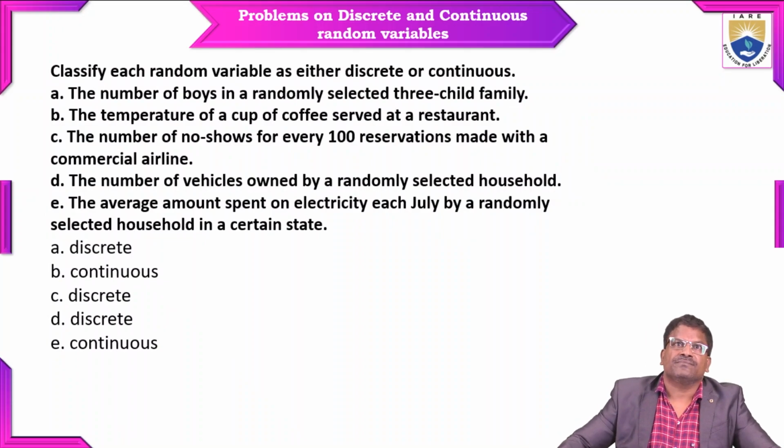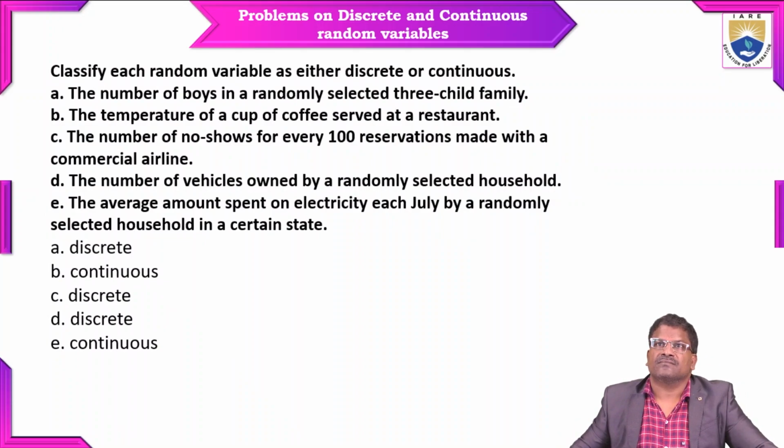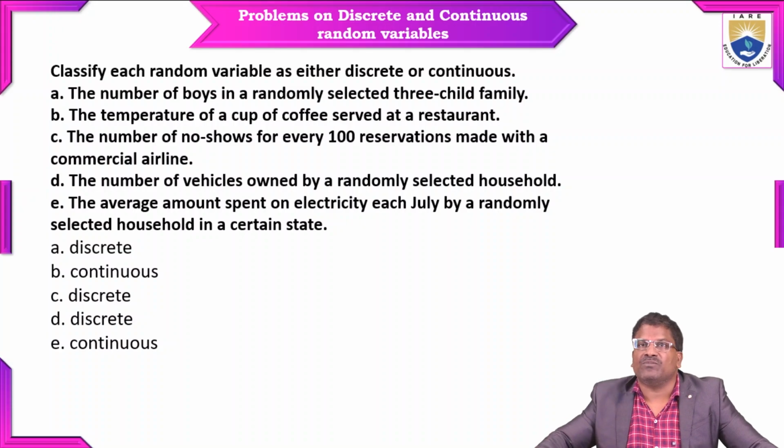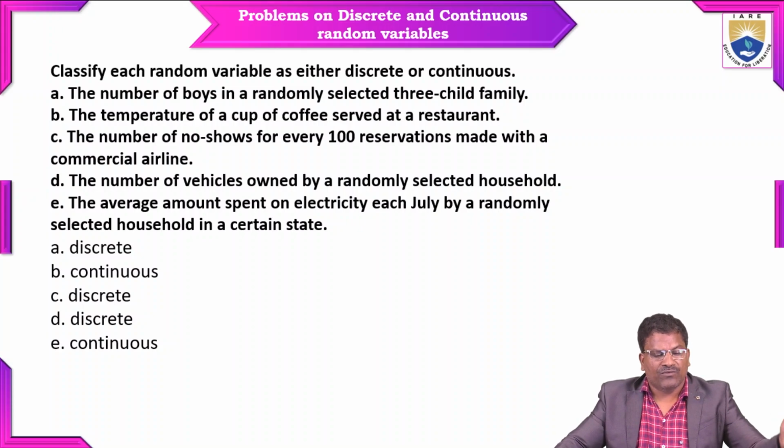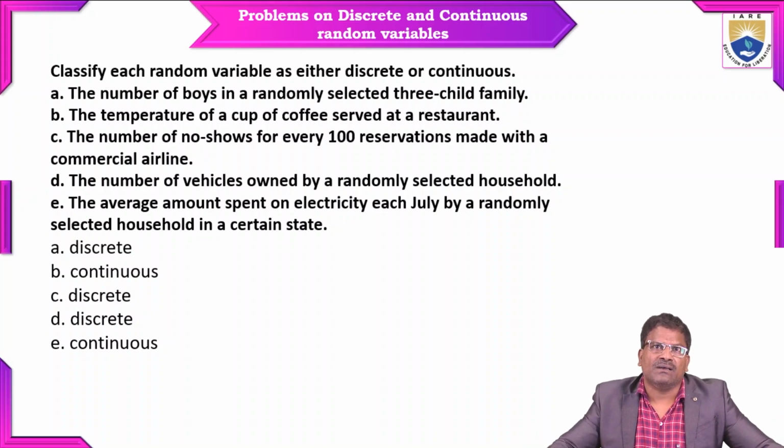Now let us see some more examples. Let us classify them. The number of boys in a randomly selected 3-child family, we are counting 3. So evidently it comes under discrete.